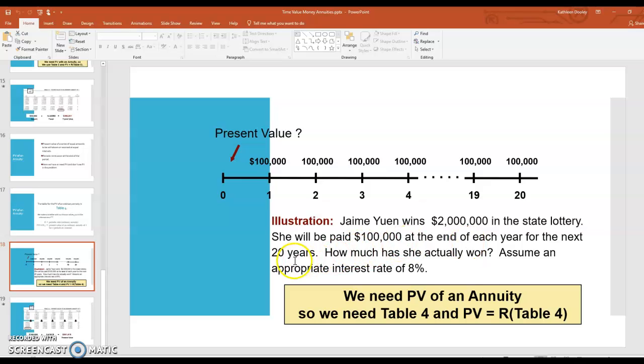We take 100,000 times 20, that's 2 million. But is that really worth 2 million today? No. So how much is it? It is the present value today of that 100,000 that she's going to get for 20 years, and the interest rate is 8%.